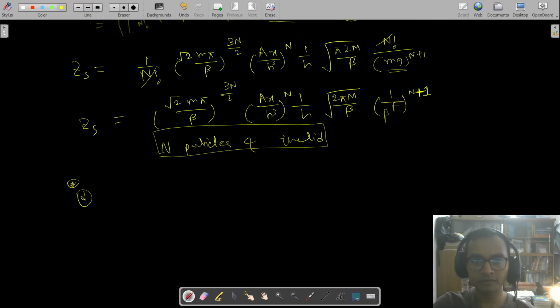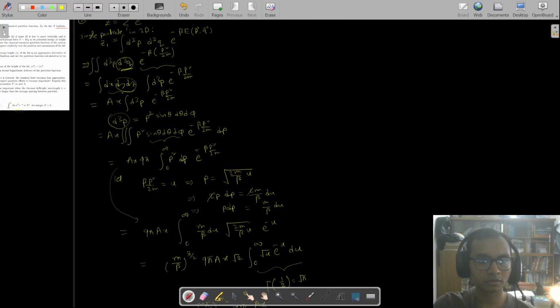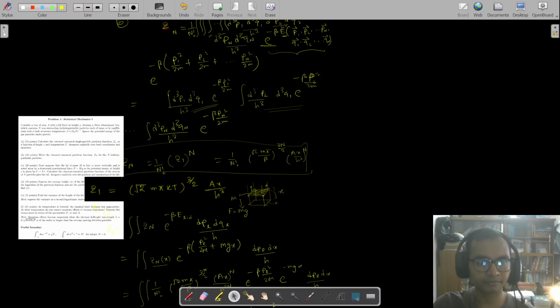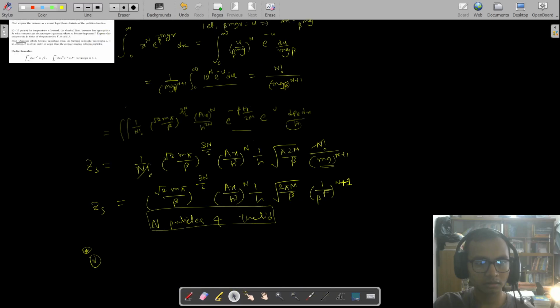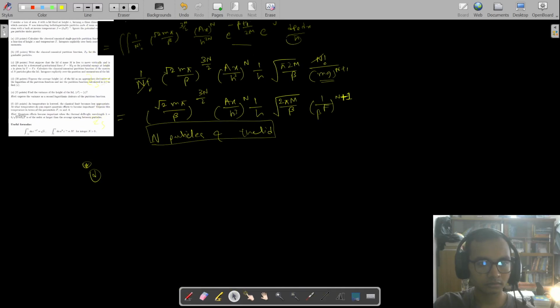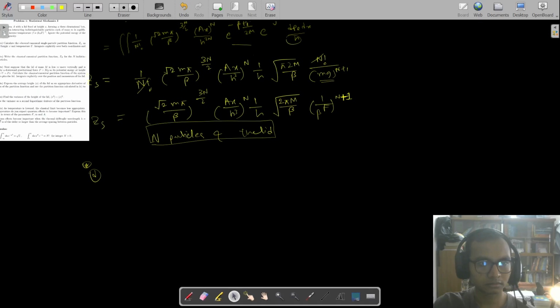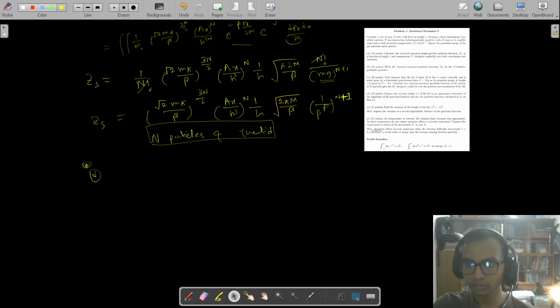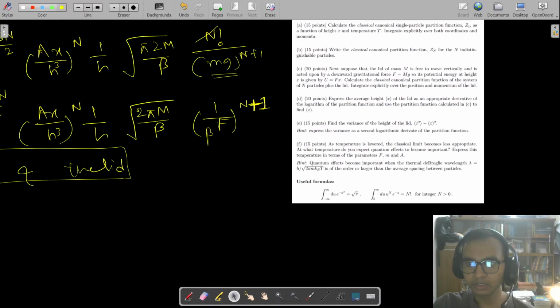And now, let's see what we have to do. So D: express the average height of the lid as an appropriate derivative of the logarithm of the partition function and use the partition function calculated in C to find delta x.